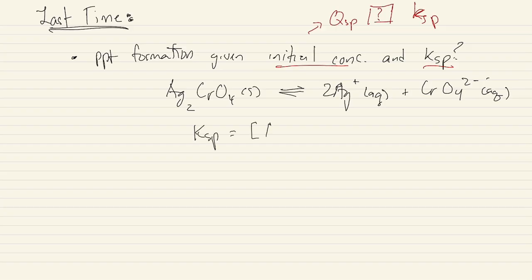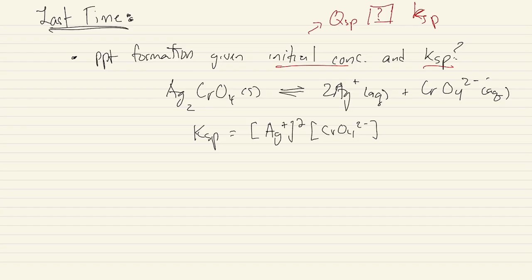This is our expression for KSP, or solubility product, right? If QSP is greater than KSP, what does that mean? Yeah, precipitate will form, right?